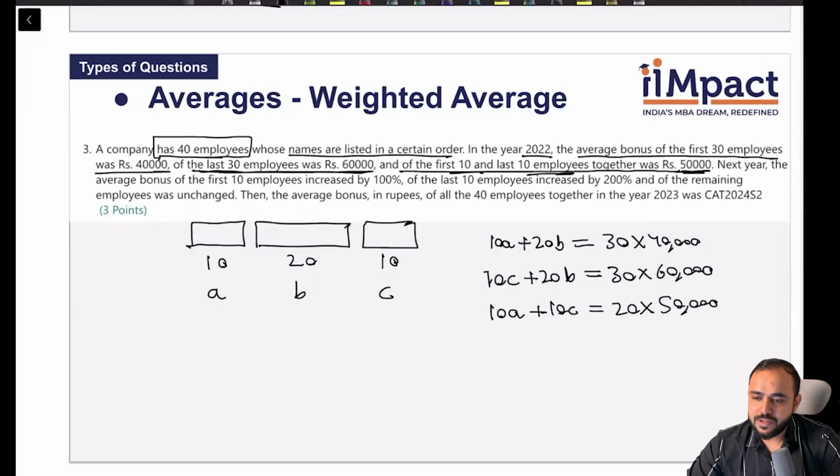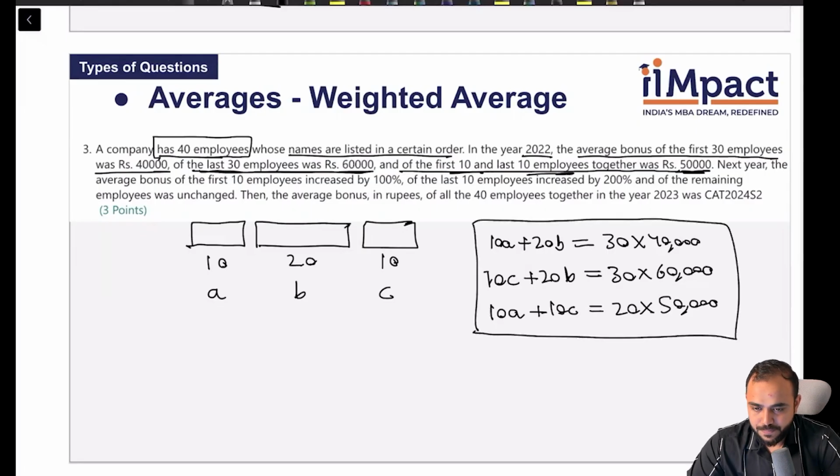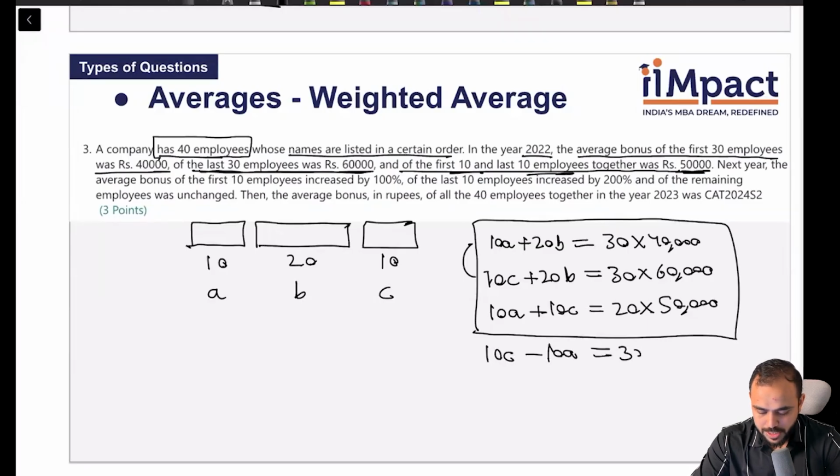Now, three equations, three variables. Can you find A, B, and C? Yes, we can. And there is a very easy way to do this. You can subtract the first two equations and then you can add it to the third equation and you will directly get A or C. So if you subtract the first two equations, you will get 10C minus 10A is equal to 30 into 60,000 minus 40,000, that is 20,000.